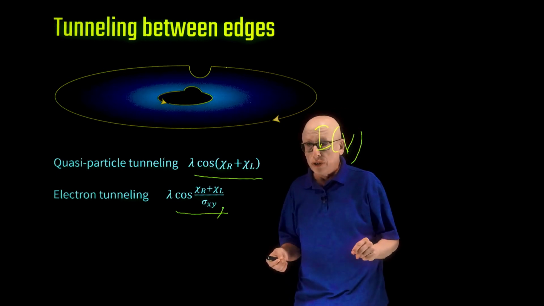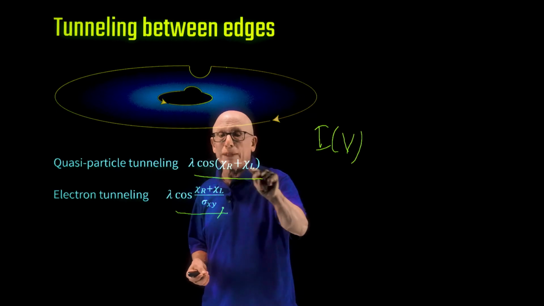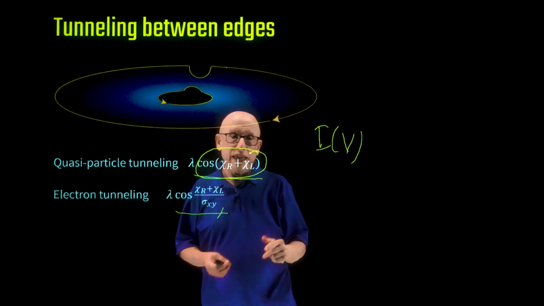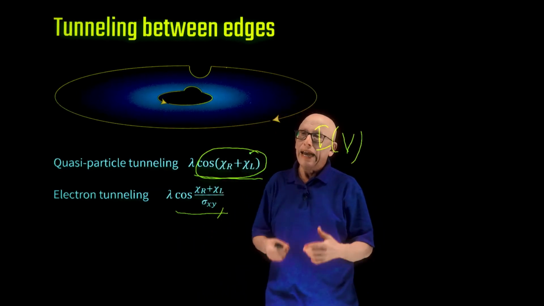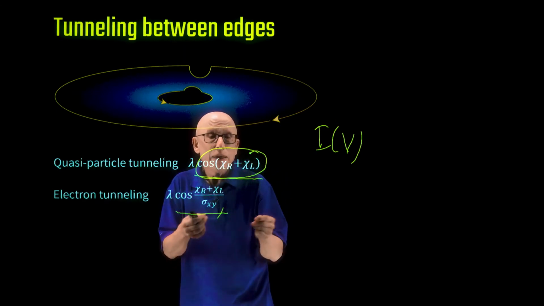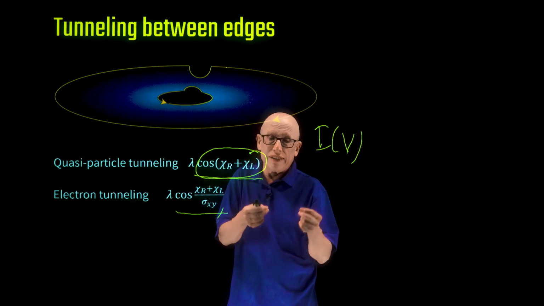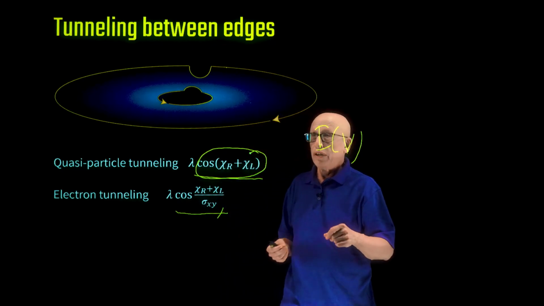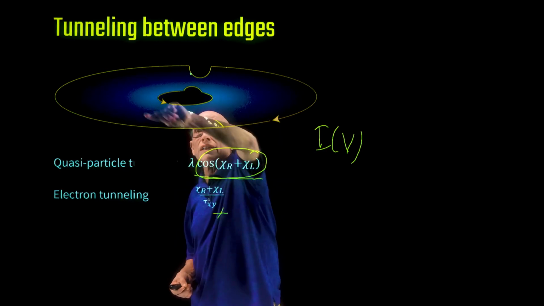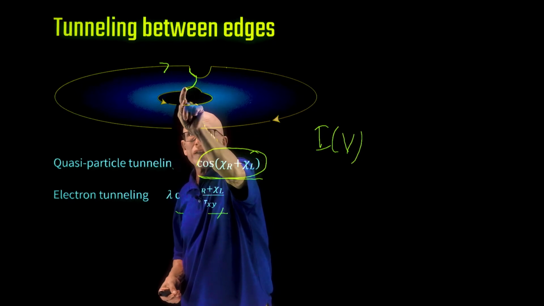If lambda is strong, then it's a different story. Look what happens. If lambda is strong for the quasi-particle tunneling, for example, this cosine becomes a very large term. And that means that the argument of the cosine must be, at the ground state, very close to its minimum value, which means physically that when current comes in here and gets to this point, mostly it will be transferred.